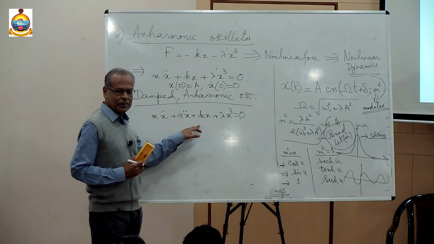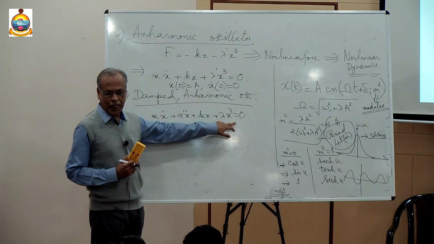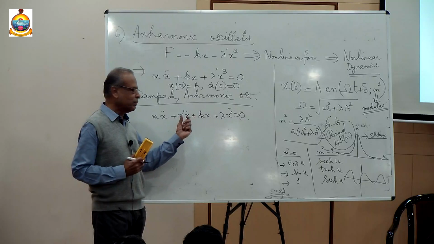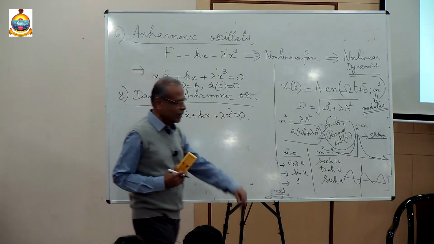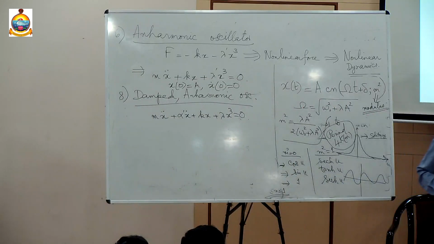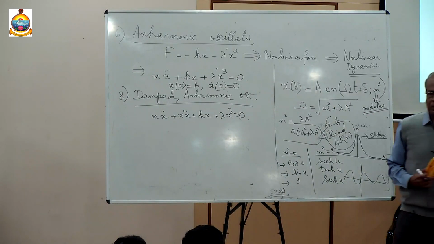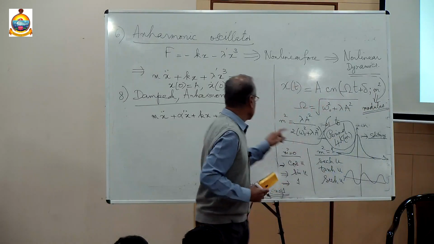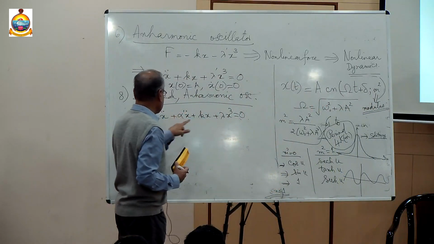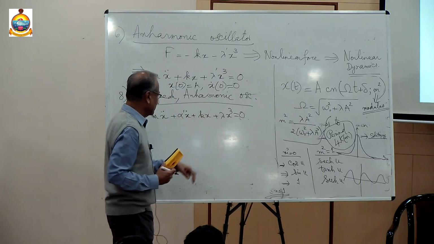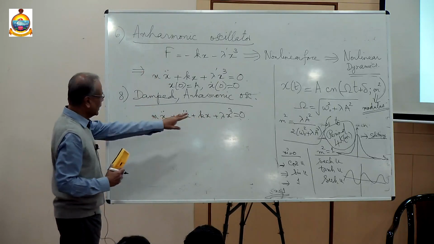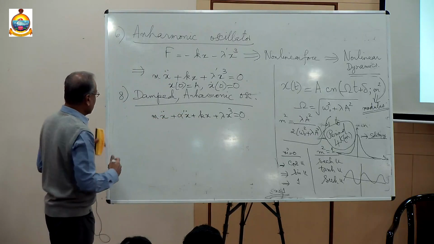In general, there is no way to solve this problem, even at this level, except for one particular choice or two particular choices, which I have given in my book, the details of which we solved some time back. Only for two choices relating k and alpha or k and lambda or something like that. So in general, this cannot be solved.